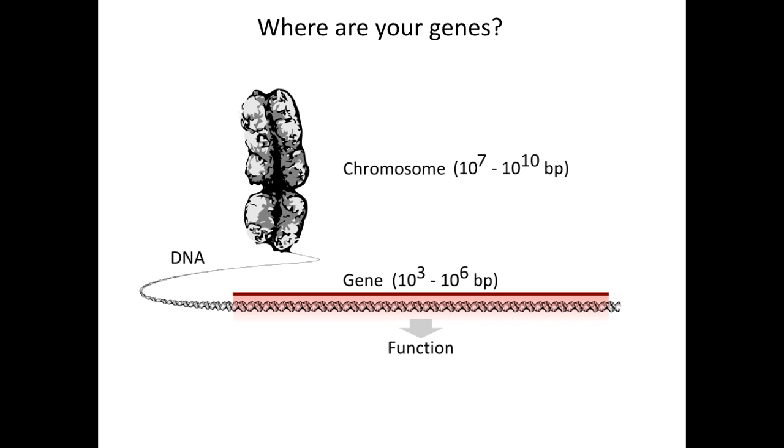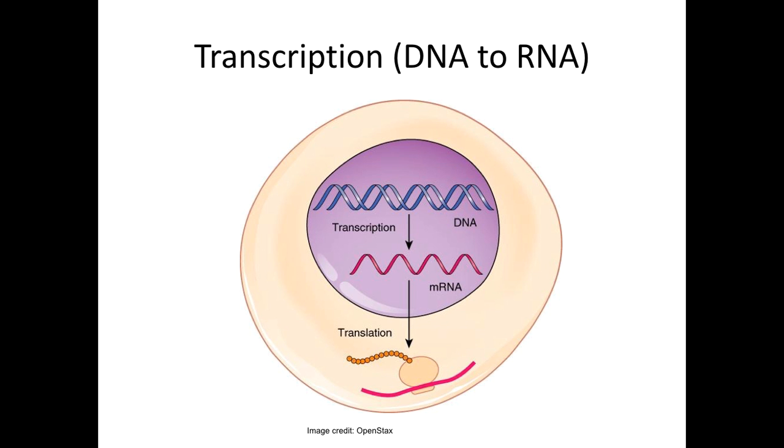Any individual gene is between 1,000 and 1,000,000 base pairs long, and usually much more at the lower end of that. And so you only need a tiny chunk of DNA to get transcribed, relatively speaking, in order to get the protein that you want, in order to get the function that you want. So what do you do? How do you find the appropriate gene?